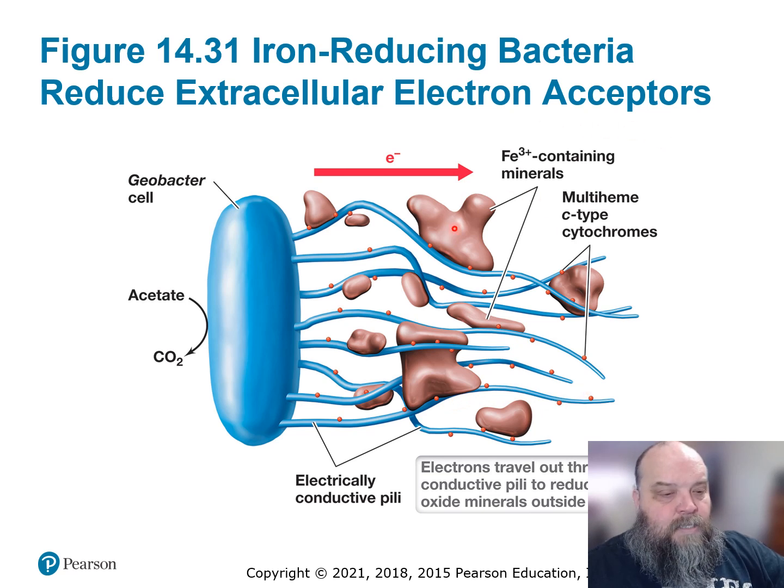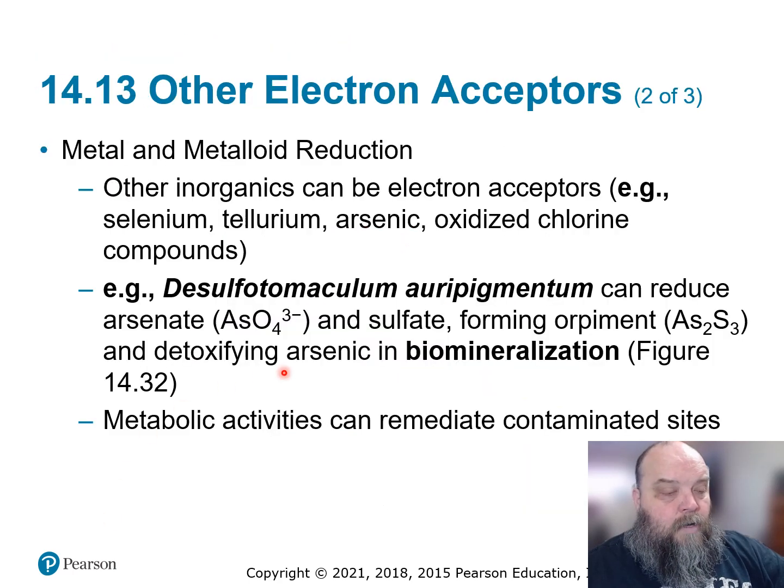In the process, they're interacting with different iron-containing minerals. And then there are different types of heme or type c cytochrome proteins. That's what these little red things are here. So you don't see the electrons as they're flowing down, but the cytochromes are interacting with them, and all of them are interacting with the iron-containing minerals, pulling out iron, pulling out other electrons.